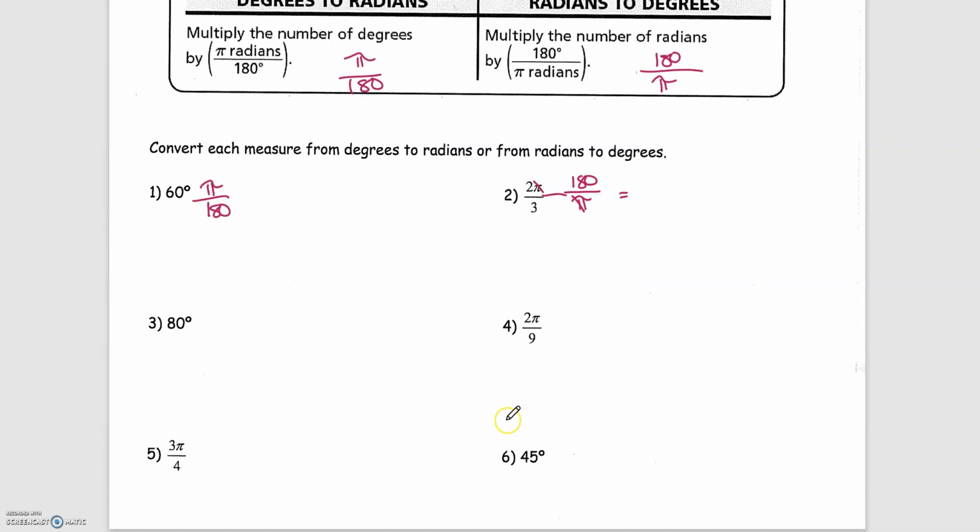Okay, multiply this one, pi on top over 180. If we multiply that, it's going to be 60 pi over 180, and then we just simplify. 60 divided by 180 is 1/3, and then we have the pi on top. And over here, 2 times 180 is 360 divided by 3, and that's 120.